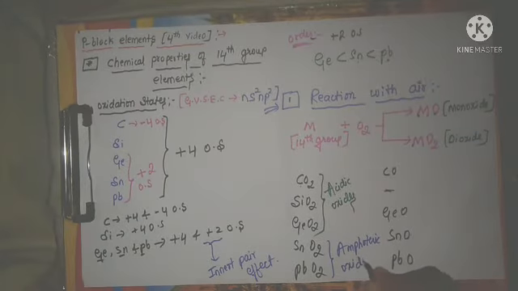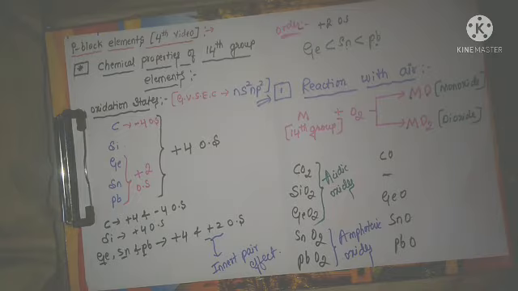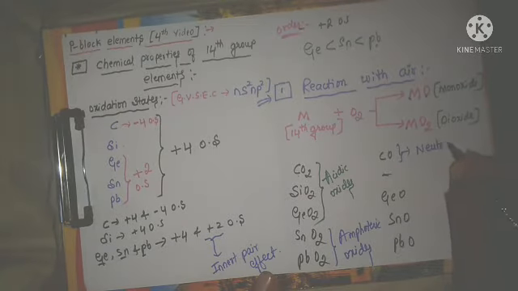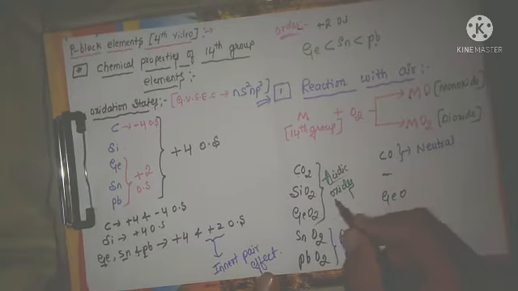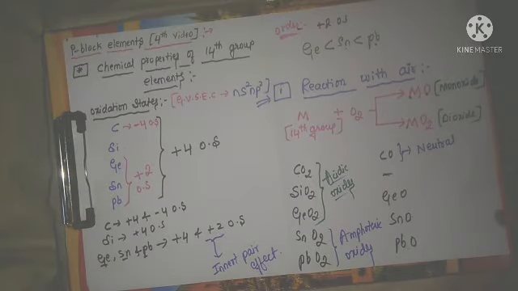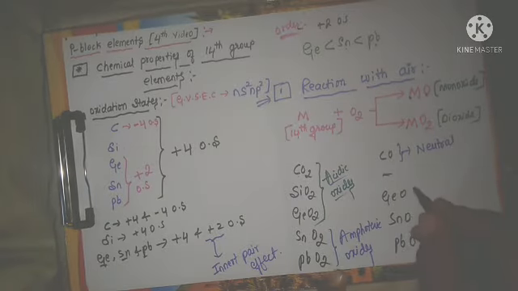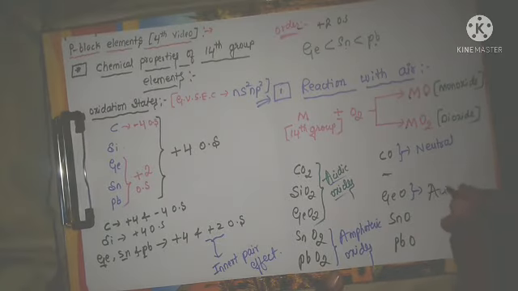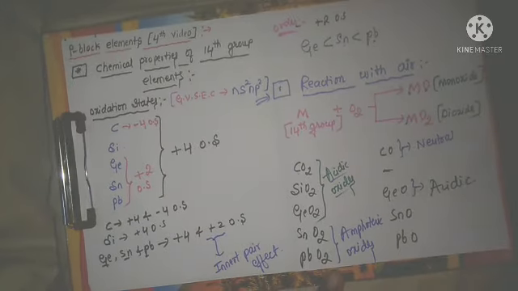Amphoteric oxides. Now if you check the nature of carbon monoxide, it is neutral. It is not acid, it is not base. Whereas carbon dioxide is acidic, carbon monoxide is a neutral oxide. Similarly, germanium oxide is acidic in nature, and these two are amphoteric.